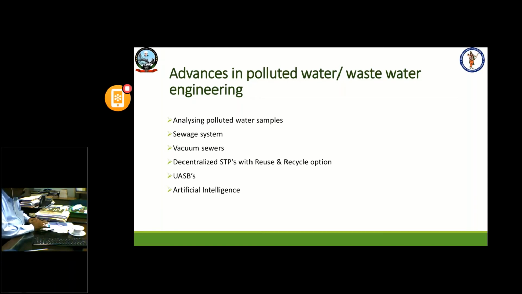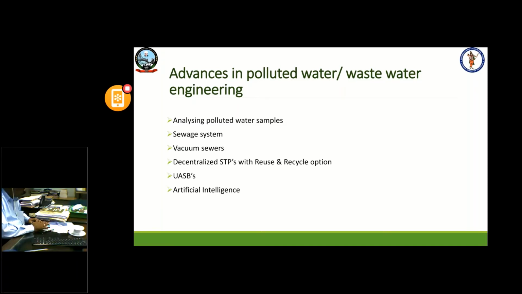One more advancement, as you are familiar, is the upflow anaerobic sludge blanket reactor, an advancement in the anaerobic digestion process. It is a continuously operated system and gives 70 to 80% treatment efficiency in terms of wastewater.